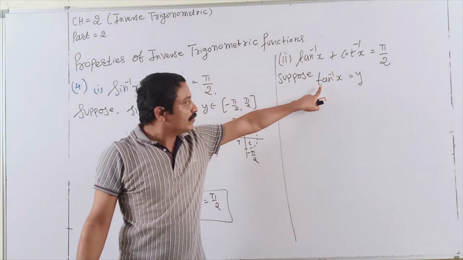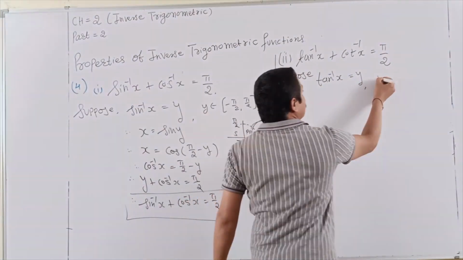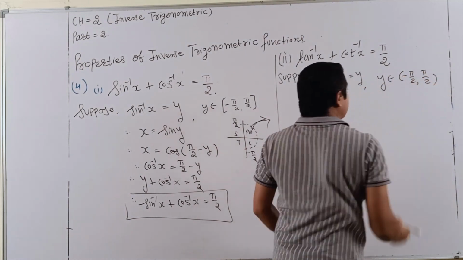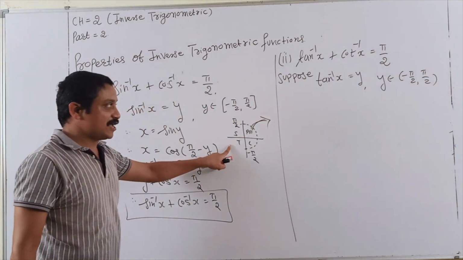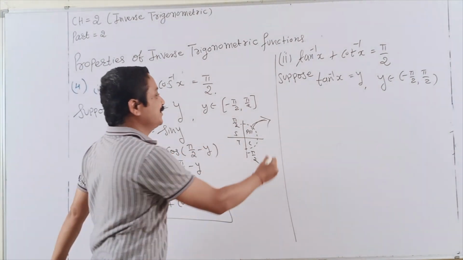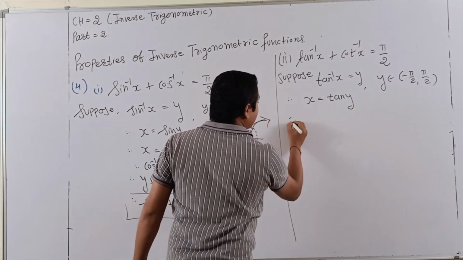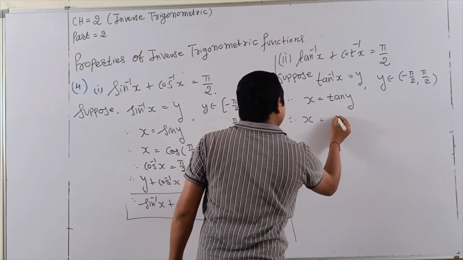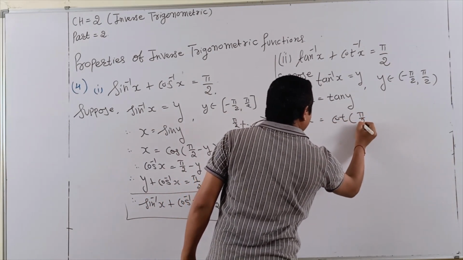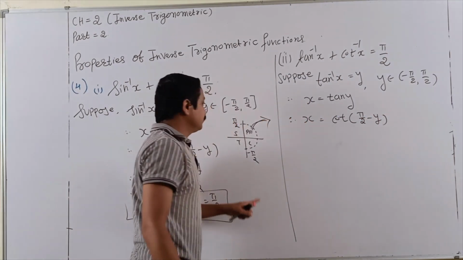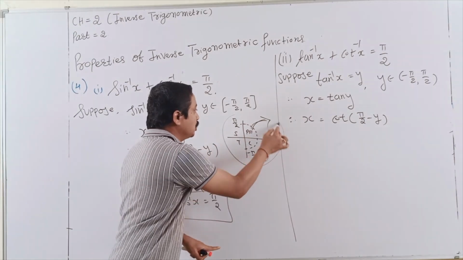In the range of tan inverse, you know that y belongs to the open interval minus 90 to 90. It means, students, this drawing is used in the same way. So what is x? Yes, it is tan y. Now I convert tan in the form of cot of 90 minus y, because in your range this drawing you again show for this one.